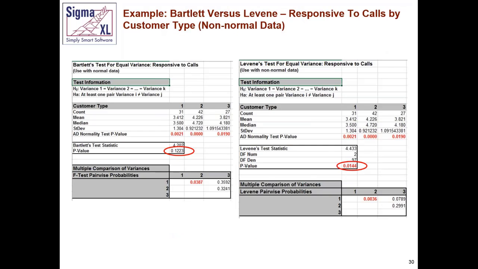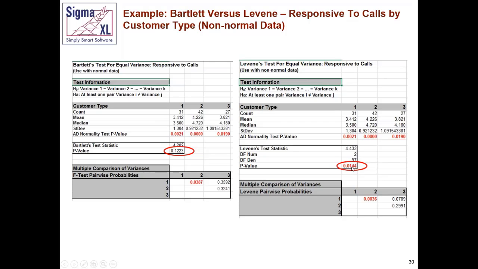And by way of illustration, I also show you the Bartlett's test versus the Levene's test on the responsiveness to calls. As you can see, this tells you that the data are not normal and the p-value is not significant. Over here, the Levene's test tells you that the data are not normal, but the p-value is significant.